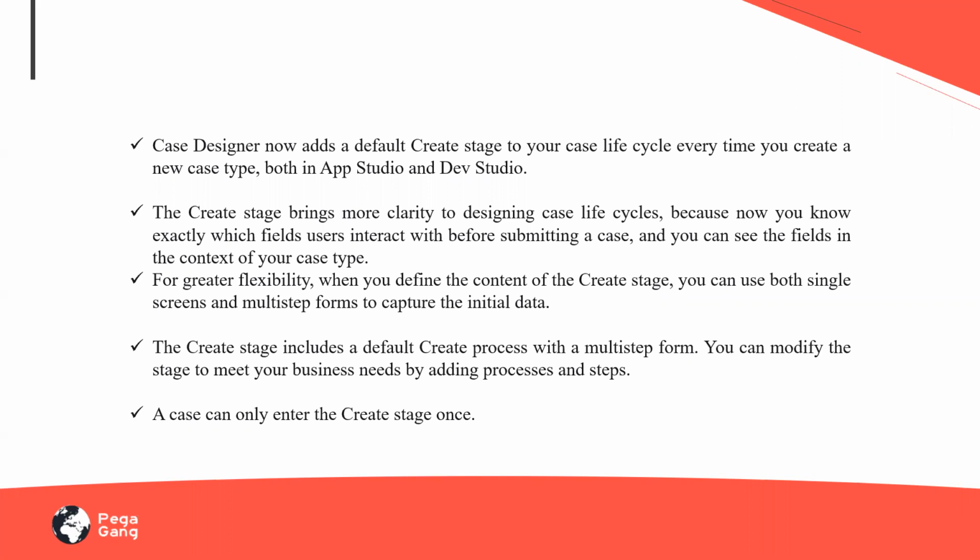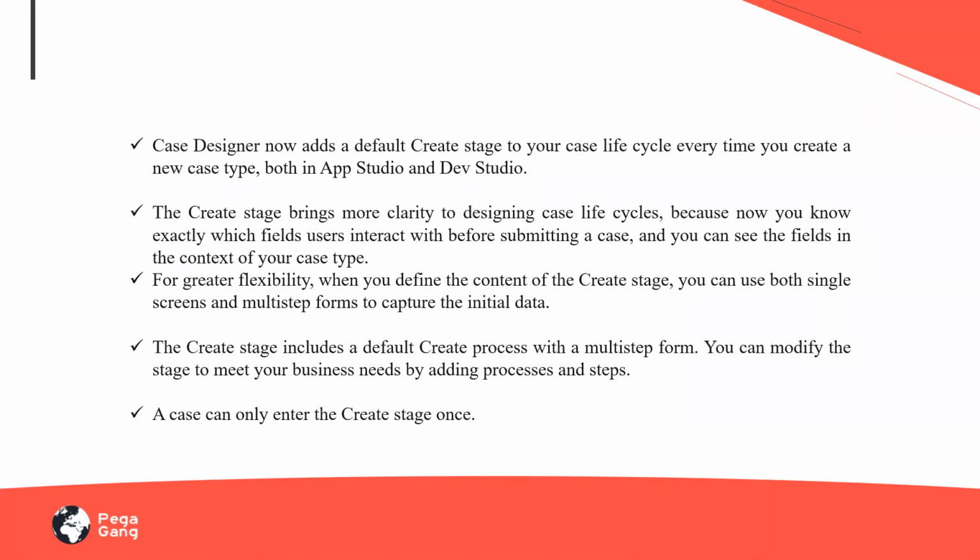At runtime, the application omits the default create process in the scenario of creating a case by email. The purpose of the create process is to capture initial data that is required before submitting your case. For greater flexibility, we can rename both the create stage and create process as per your business requirement.